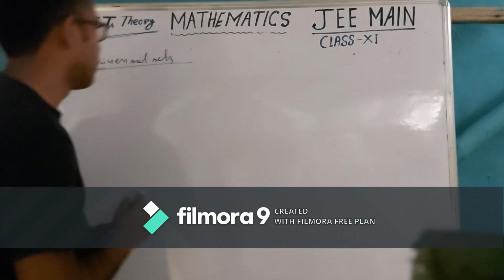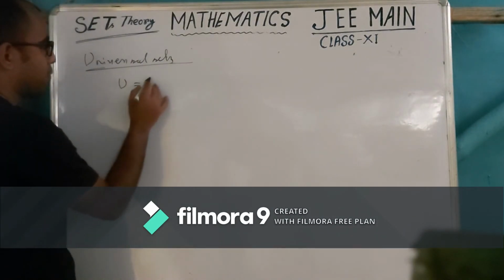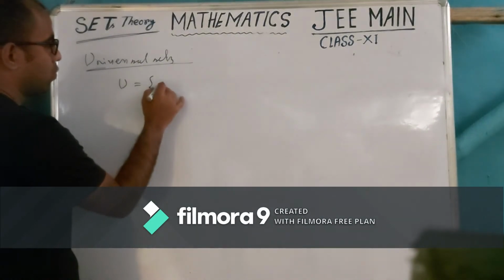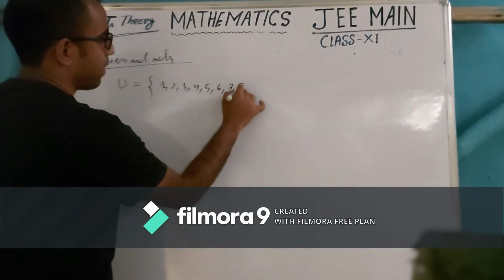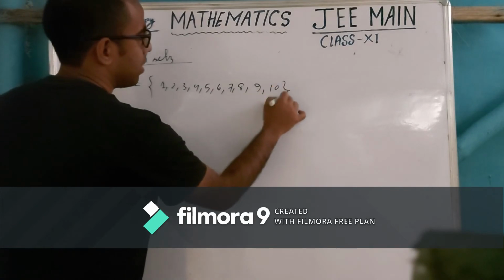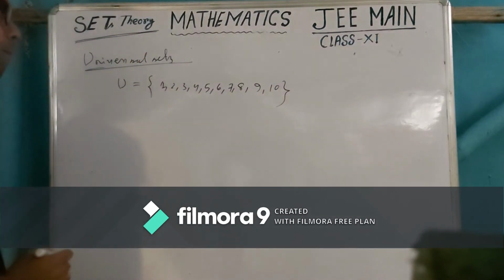For example, we consider a set {1, 2, 3, 4, 5, 6, 7, 8, 9, 10}. This is a universal set.